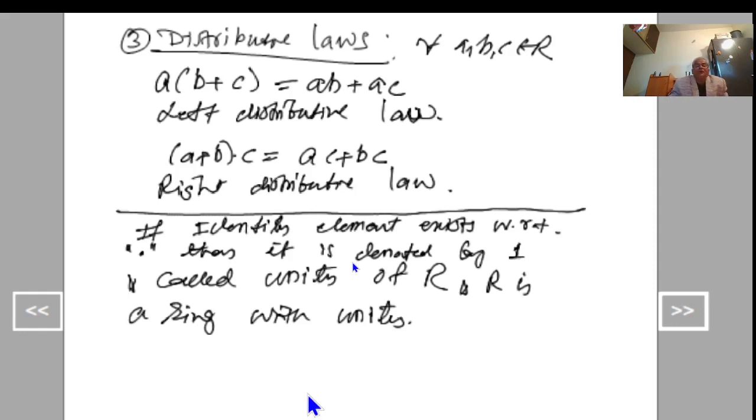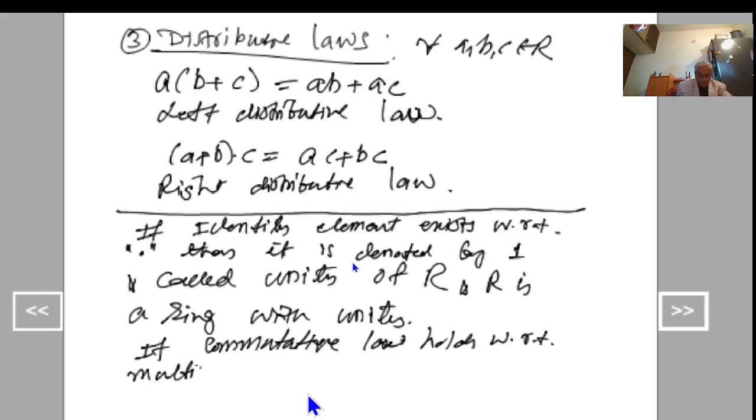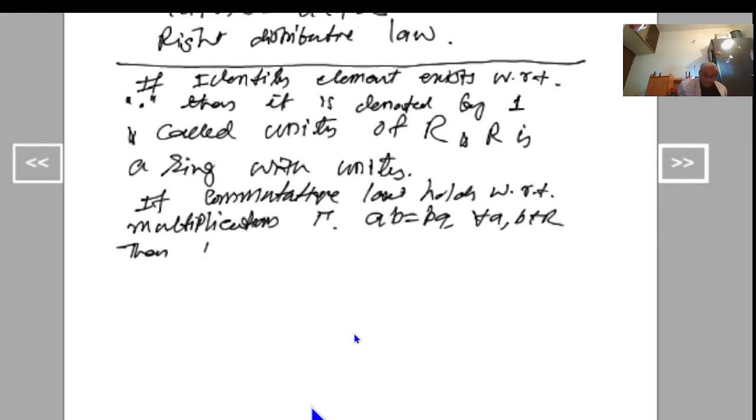If suppose commutative law holds with respect to multiplication in R, that is AB equal to BA for all A, B belongs to R, then R is called a commutative ring.